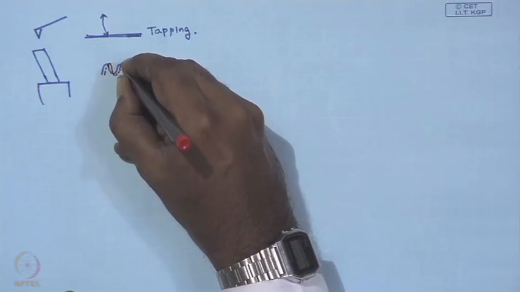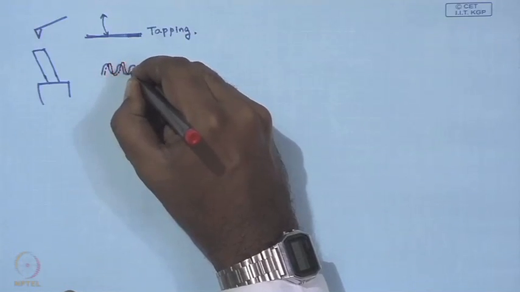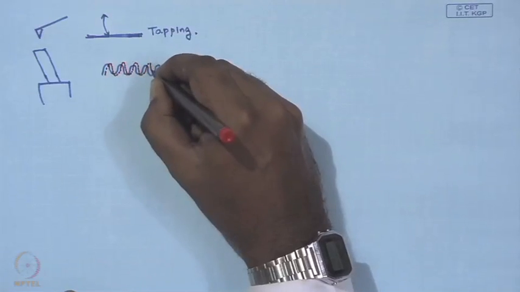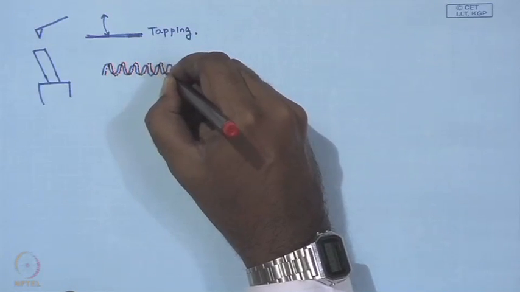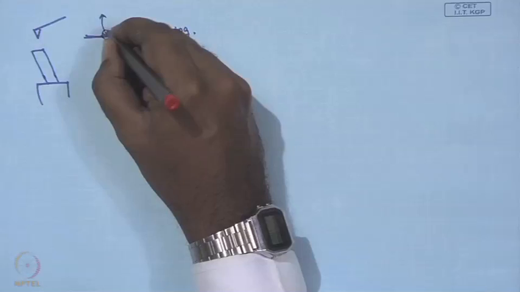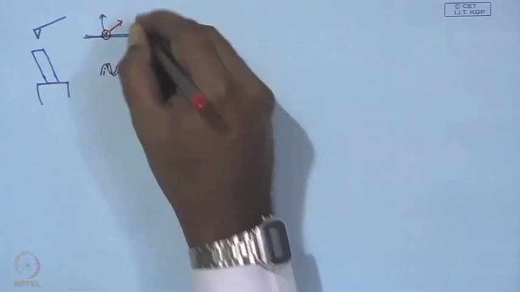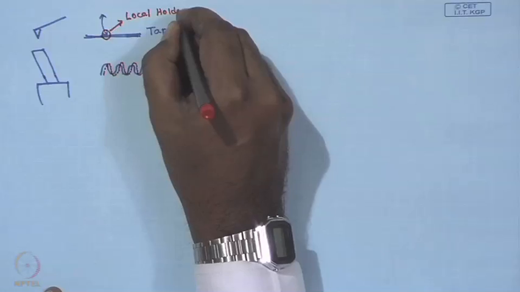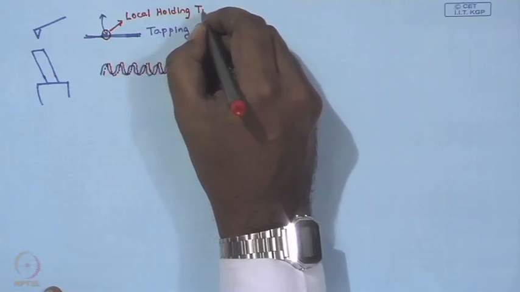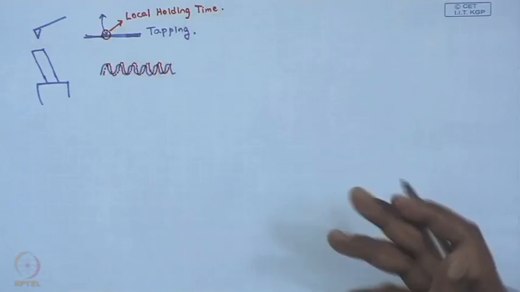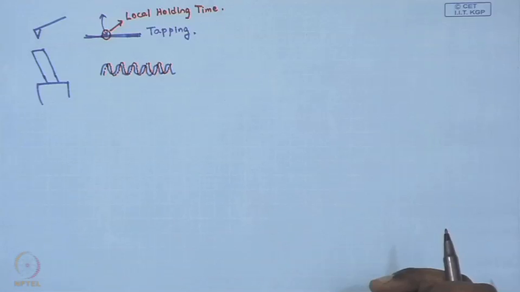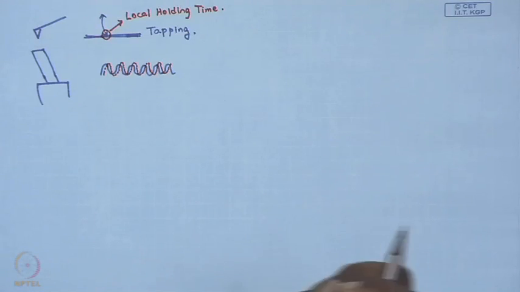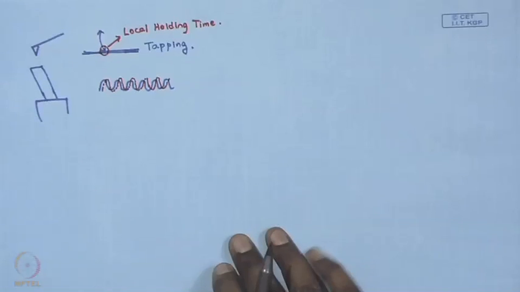This is like for a nano or picosecond as the surface taps, it is in local contact. You can argue that this is some sort of a local holding time. Due to the effect of adhesion, it is locally held for a fraction of a second or a millisecond or a picosecond.